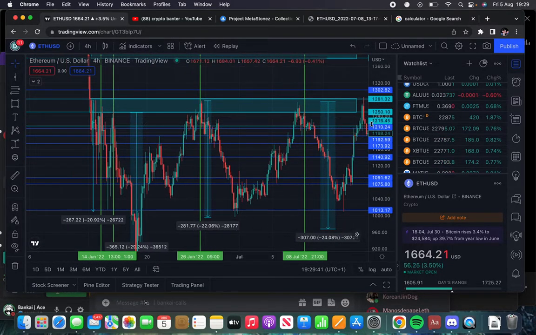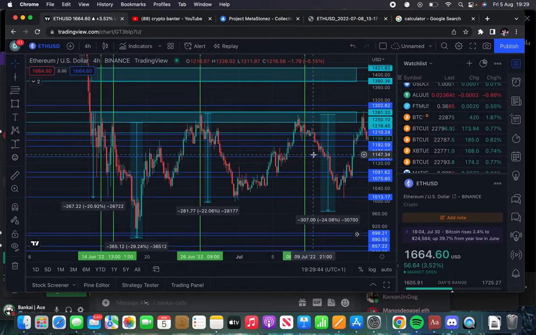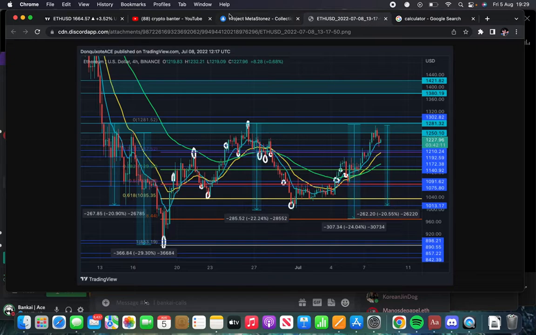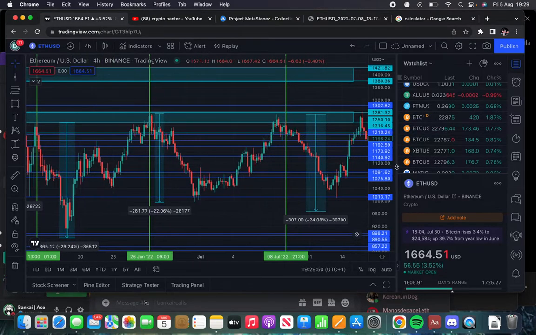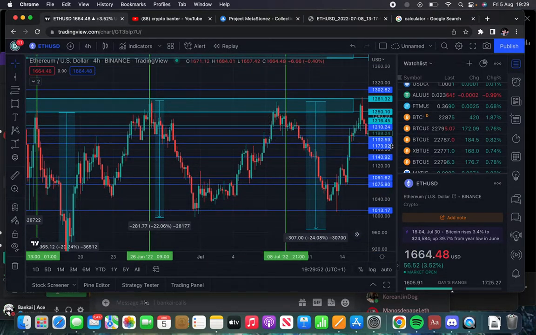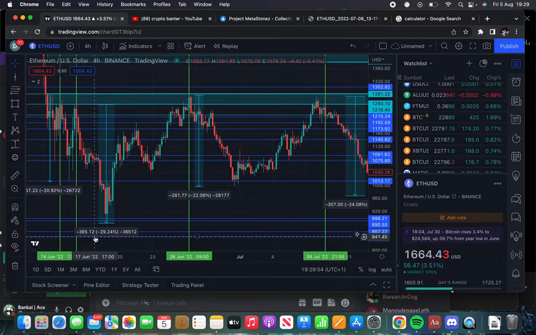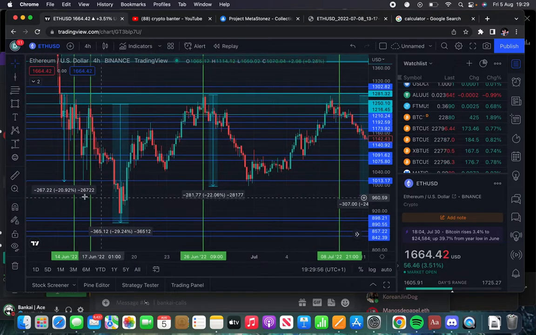The reason I came up with the 20.55% target is because I saw that the 29% here was a bit of an outlier. This one was basically 21%, this one was 22, so there's only 1% difference here, but about a 7-8% difference between the both of them.